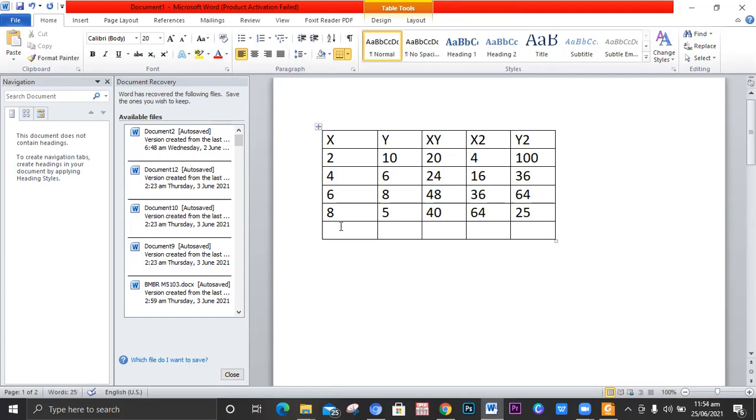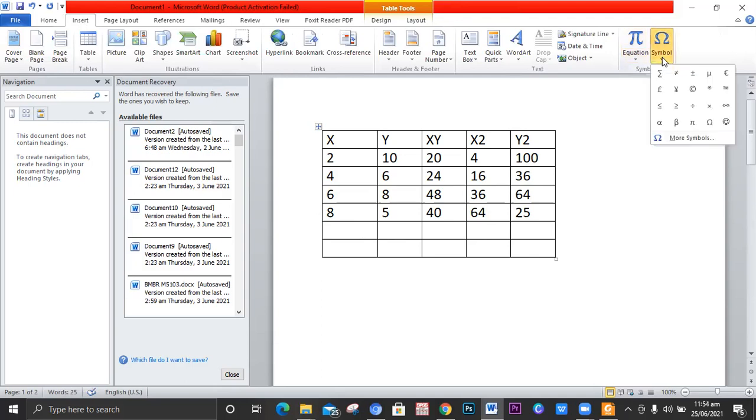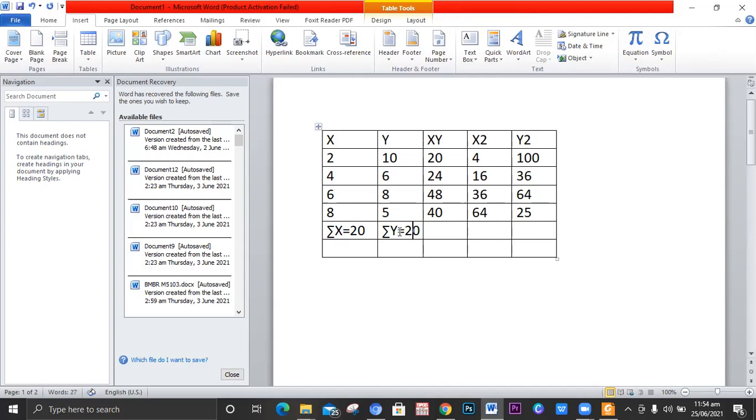Then we total up. Let's total up. What do we get here? 20. This is called summation of what? Of x. Then the next one. This is called summation of what? Of y. Which is what? 31. Then the next one is what?